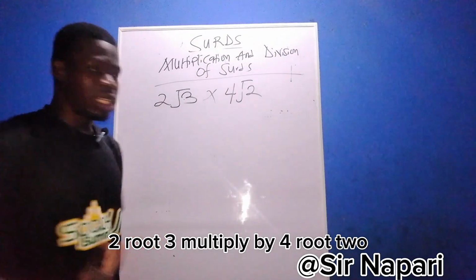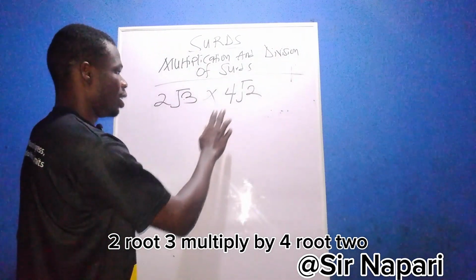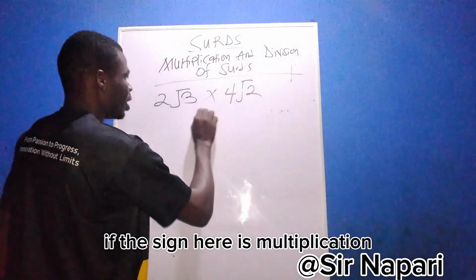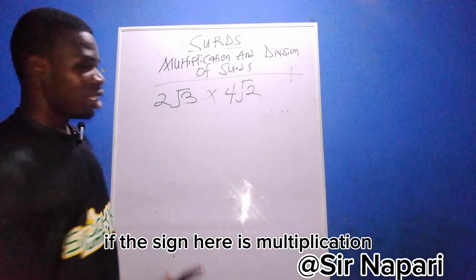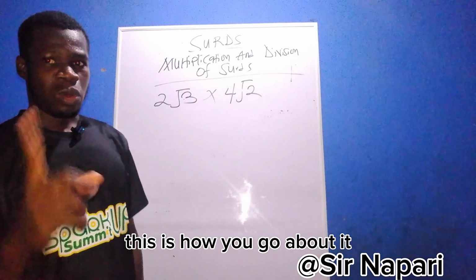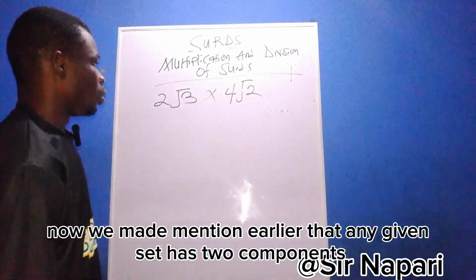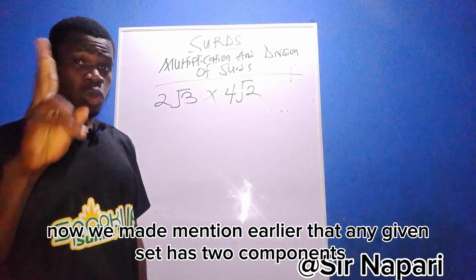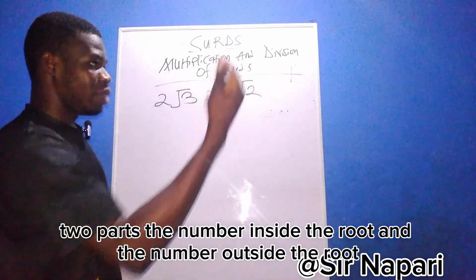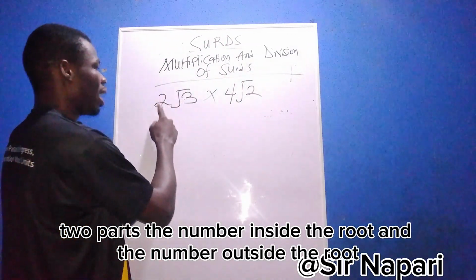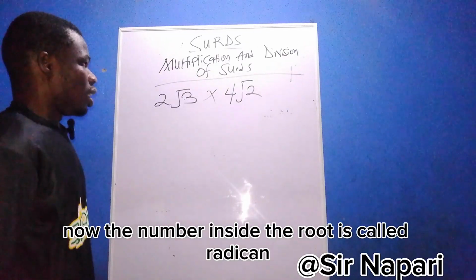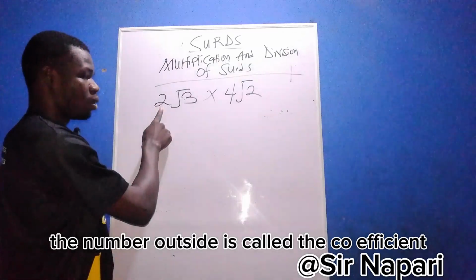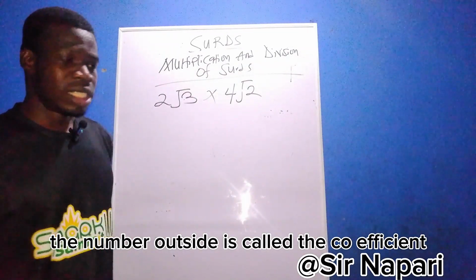2 root 3 multiplied by 4 root 2. If the sign here is multiplication, this is how you go about it. We made mention earlier that any given surd has two components, two parts: the number inside the root and the number outside the root. The number inside the root is called the radicand. The number outside is called the coefficient.